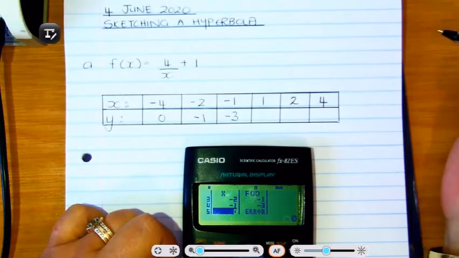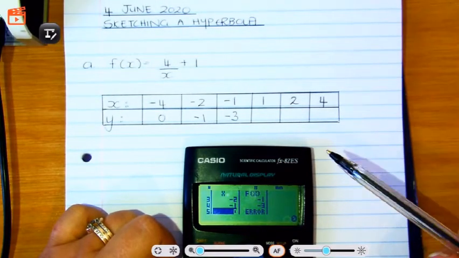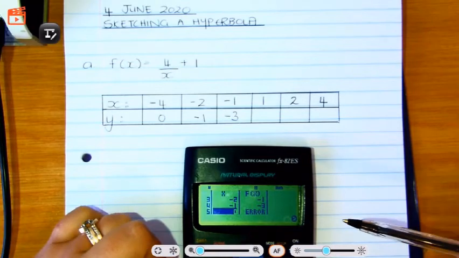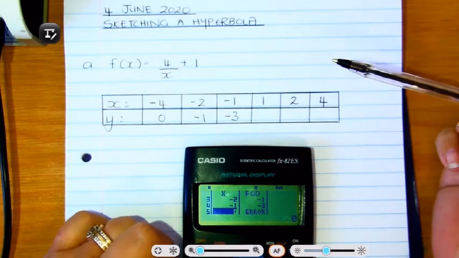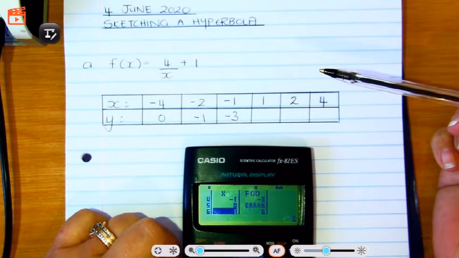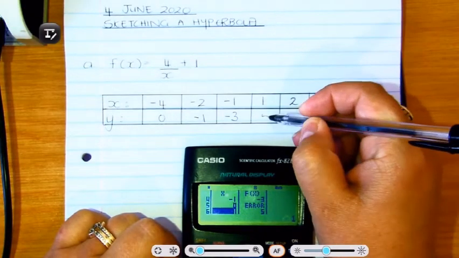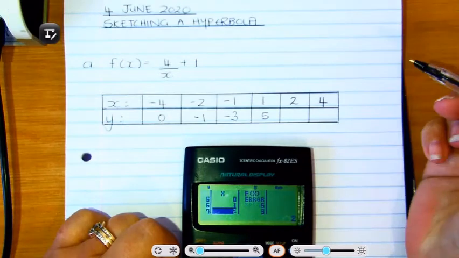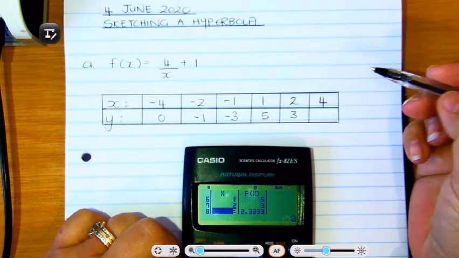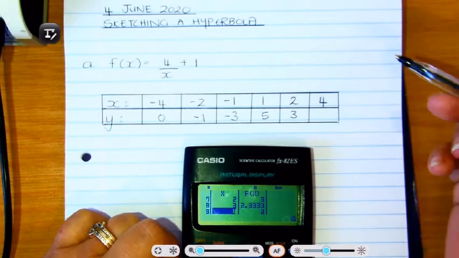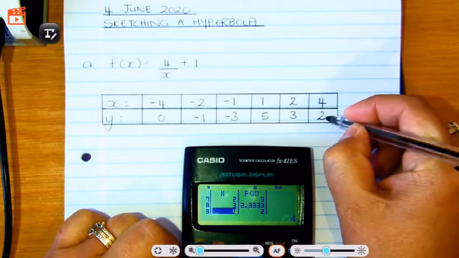Then 0, I'm skipping. You can see it's an error because the graph doesn't cut the x-axis. Then the next one is 1 and 5. I'm going to go 2 and 3. And then I'm skipping 3. Moving on to 4, which is 4 and 2.